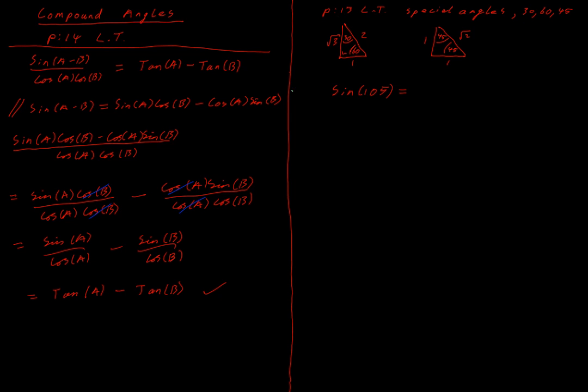And often, if we do get numbers, they will be in the context of our special angles 30, 60, and 45 that are on page 13 in your log tables.